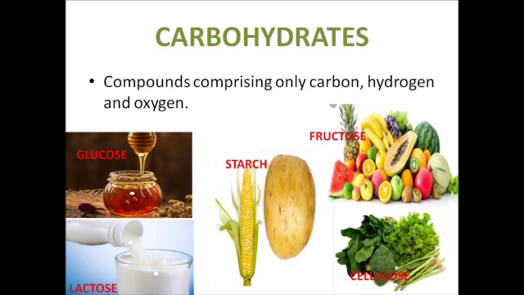Then comes cellulose, which you can find in green leafy vegetables. So these are the different types of carbohydrates found in different food items.